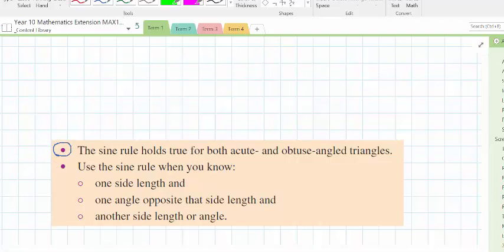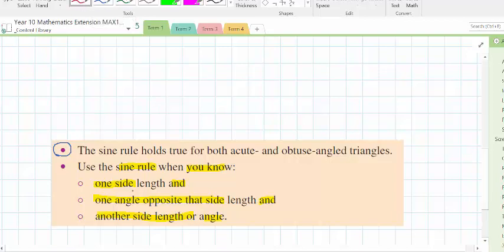This is particularly important. By doing lots of questions you gain experience, and you will know when to use the sine rule. Use the sine rule when you know one side of the triangle and one angle opposite that side and another side length or angle. So what do you need?